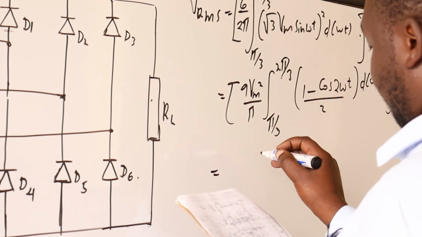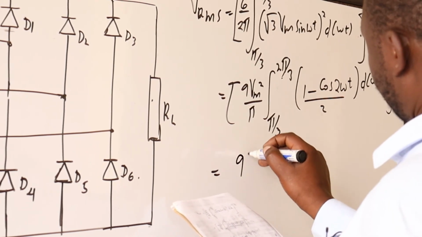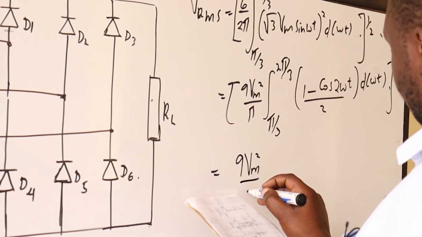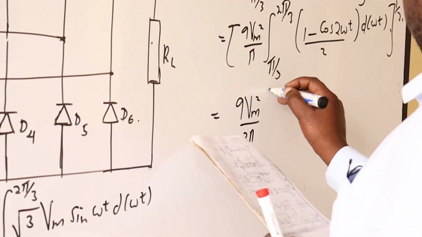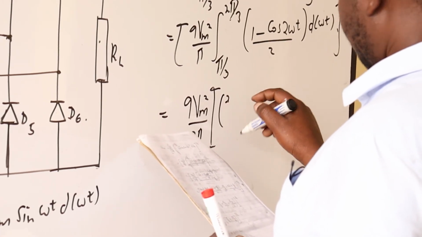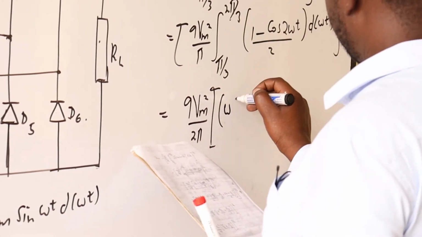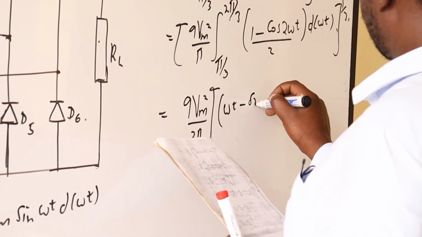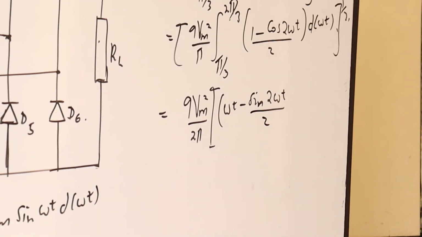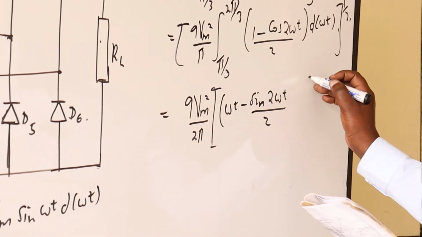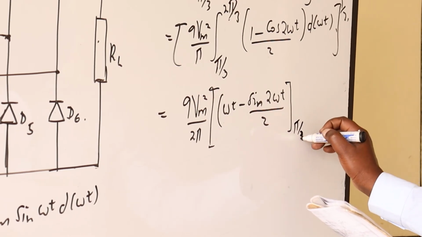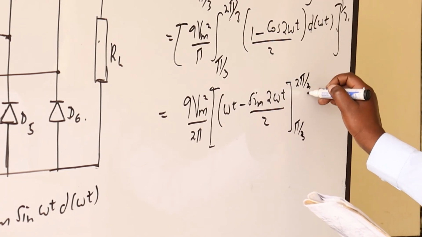We can have 9 Vm squared all over 2 pi into omega t minus sine 2 omega t all over 2, from pi over 3 to 2 pi over 3.